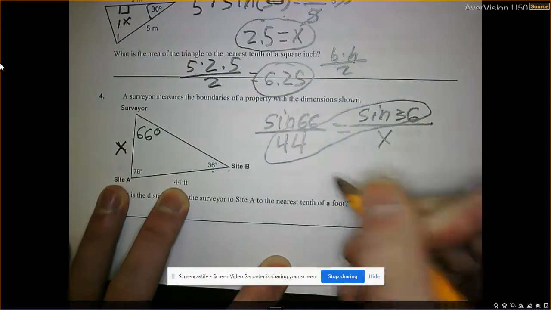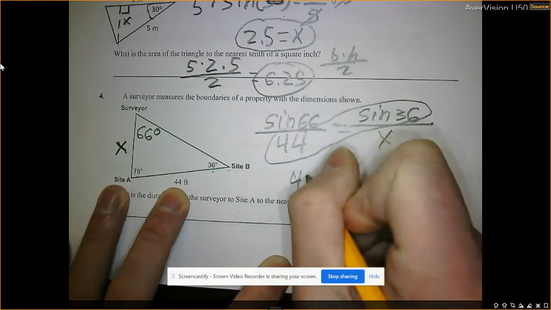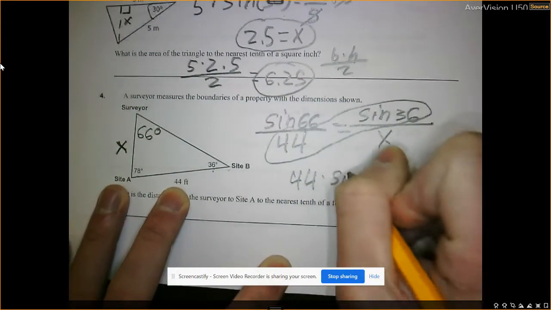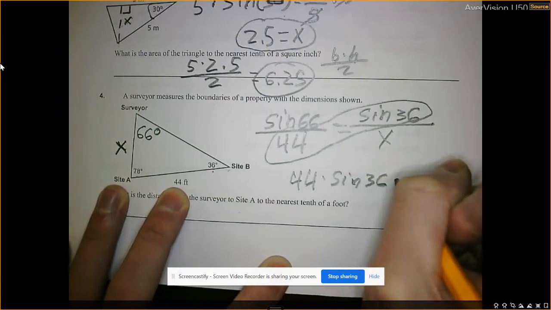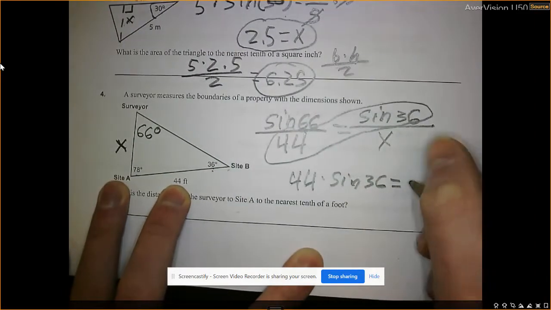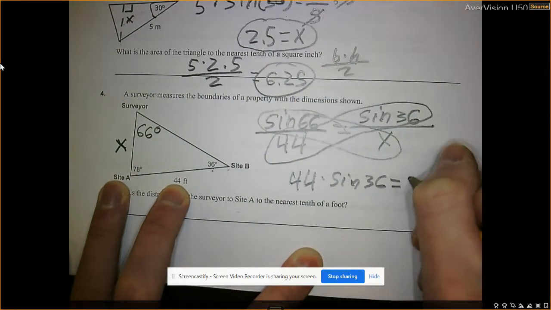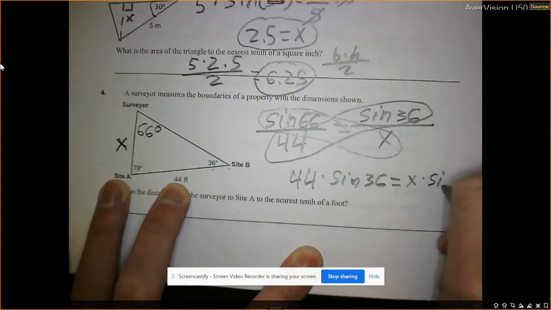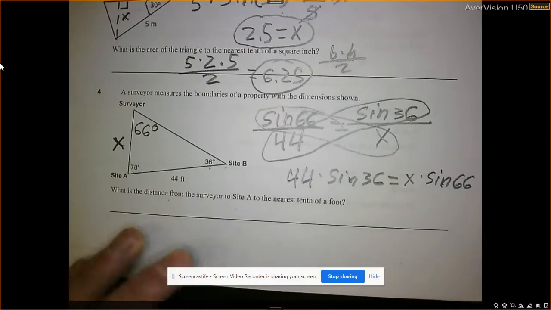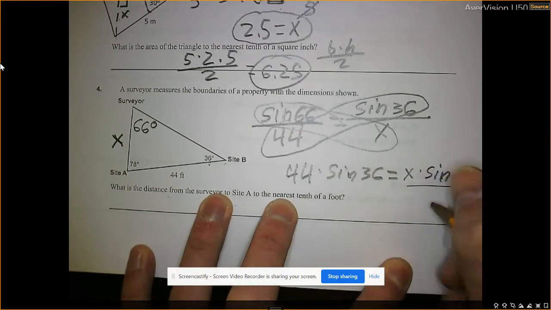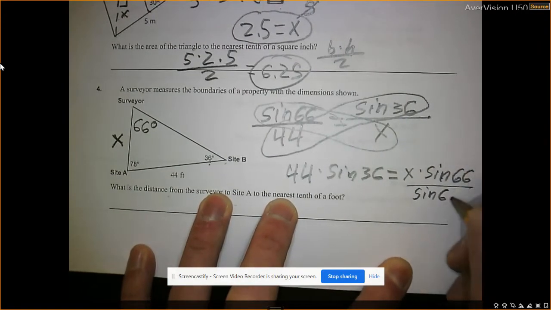You can draw your butterfly wings in: 44 times the sine of 36 is going to equal sine of 66 times x, or x times sine of 66, however you want to write that. And then lastly, to get your x alone, you've got to divide both sides by sine of 66.